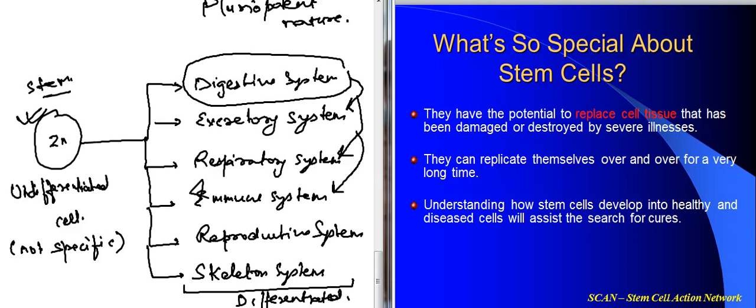That's why nowadays stem cell banks are there. A pregnant woman puts in the stem cells of the newborn child. Why?